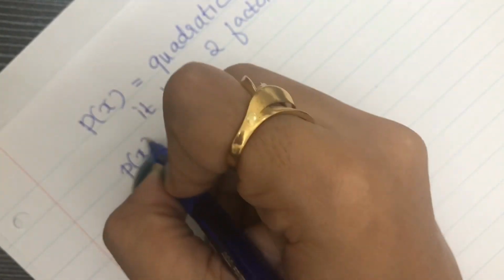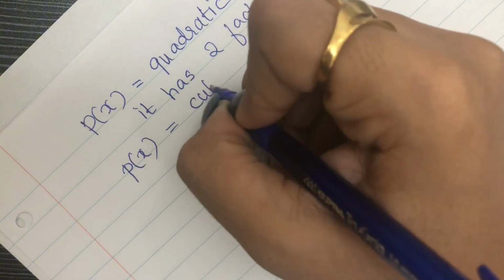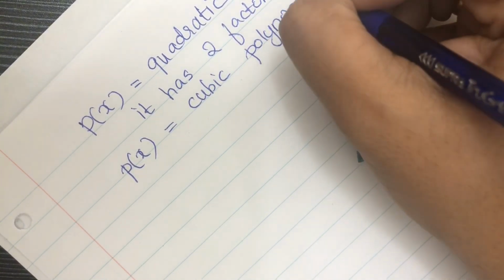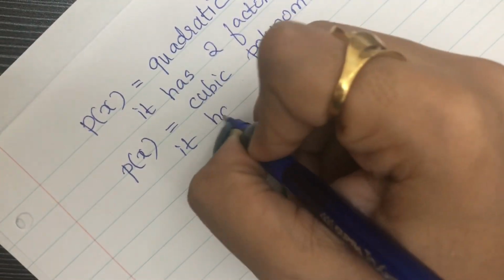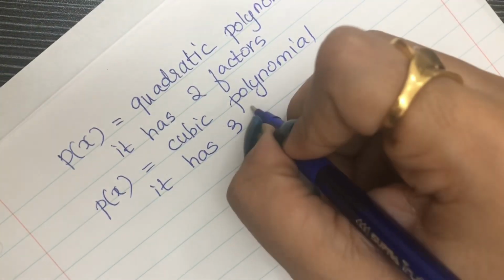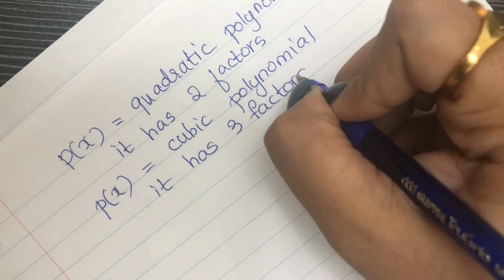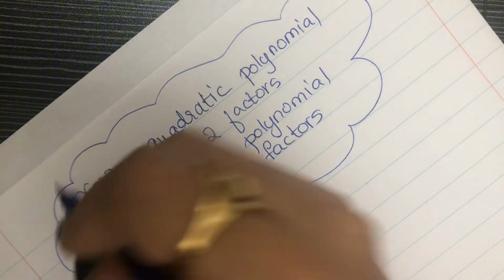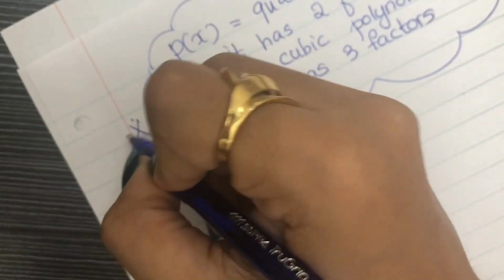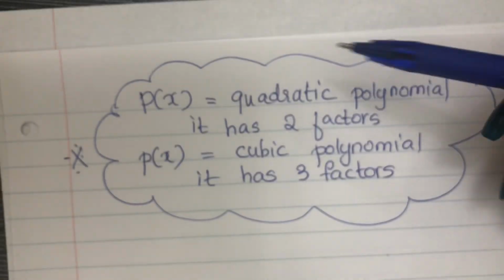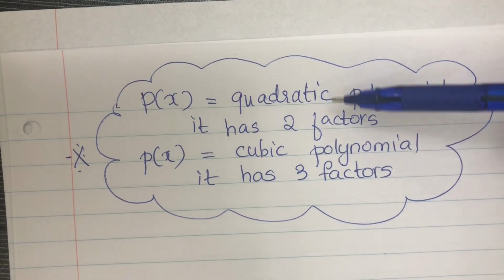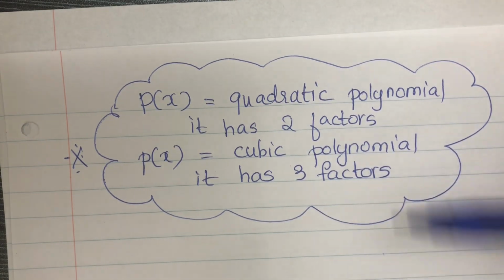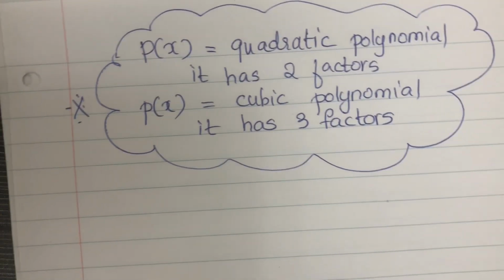If P of x is a cubic polynomial, it has 3 factors. This is also very important, so please keep this in mind. If your polynomial is quadratic, it has 2 factors. If your polynomial is cubic, it will have 3 factors, right?